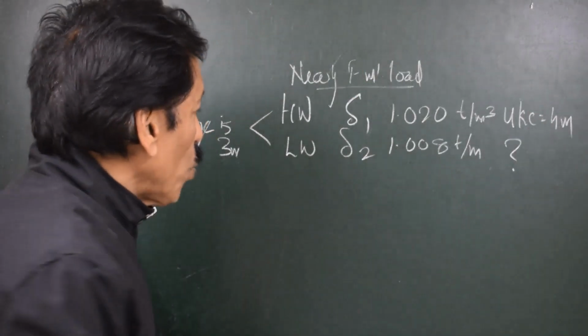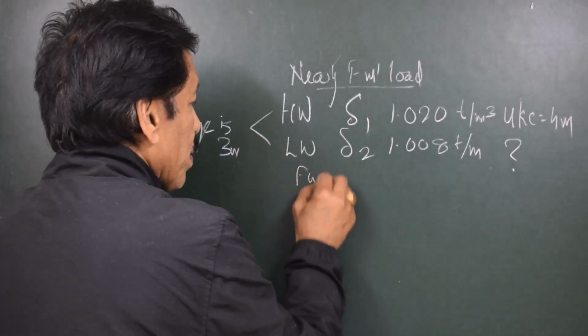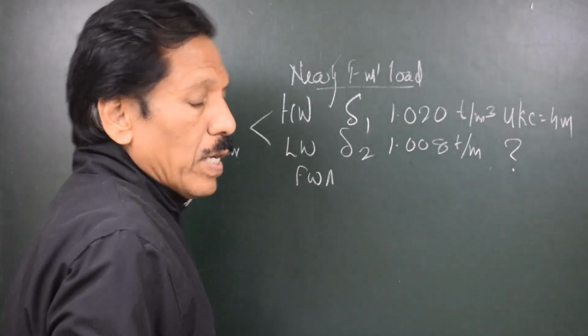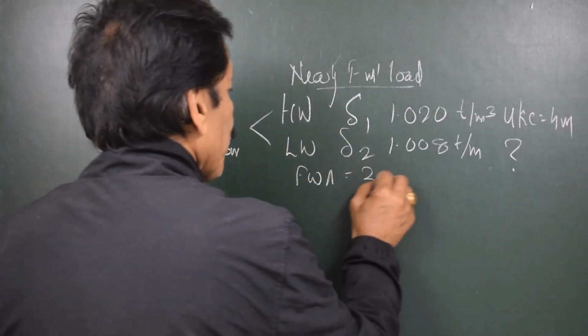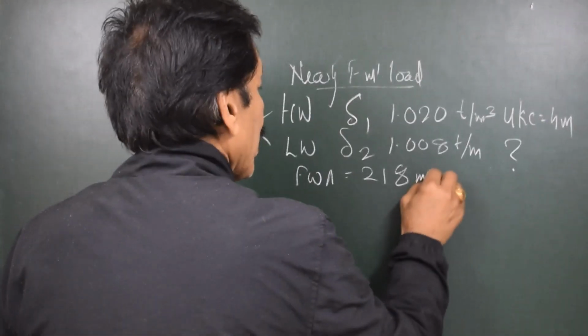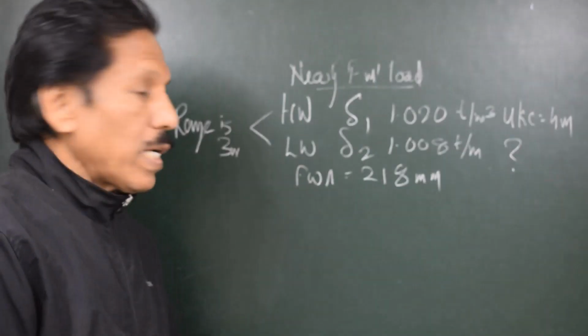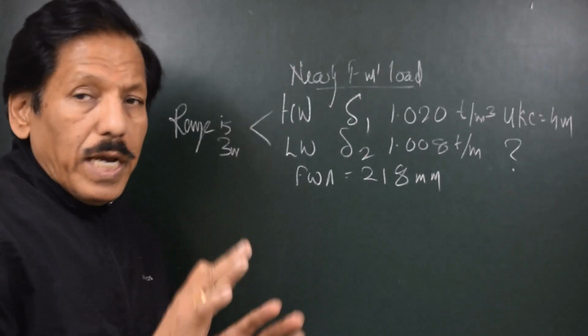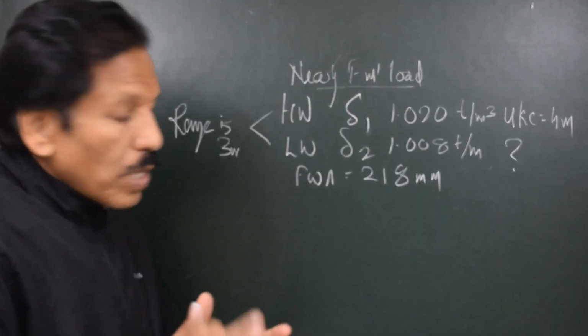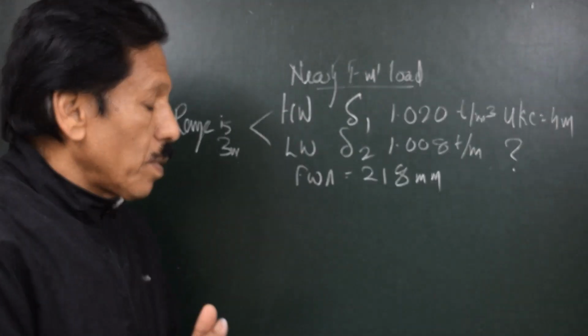The freshwater allowance given in the question is 218 millimeters. So the first thing we need to find out is the change of draft because of change of density.